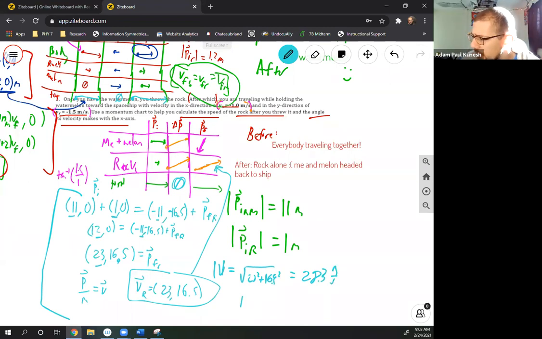And then the direction I get by tan inverse of the y over the x, so 16.5 over 23, which is 35.7 degrees.